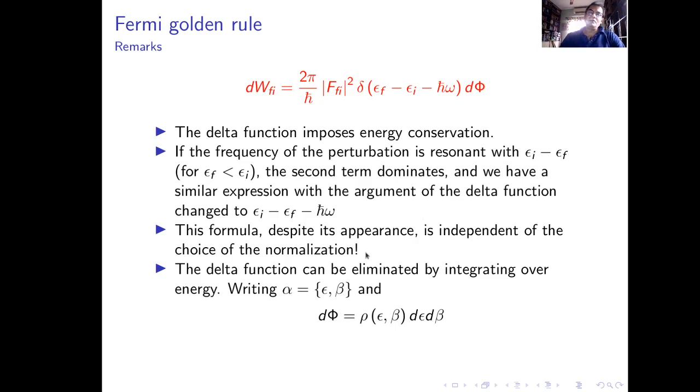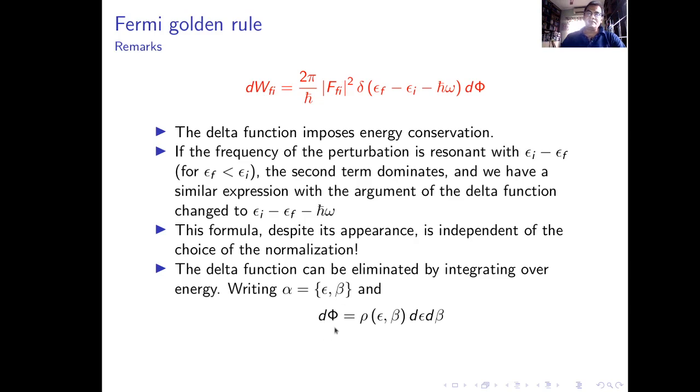So you must realize that alpha, the eigenvalue which labels the state, of course one of the labels has to be the energy epsilon, but that cannot completely label the state in all cases. There would be other parameters beta.